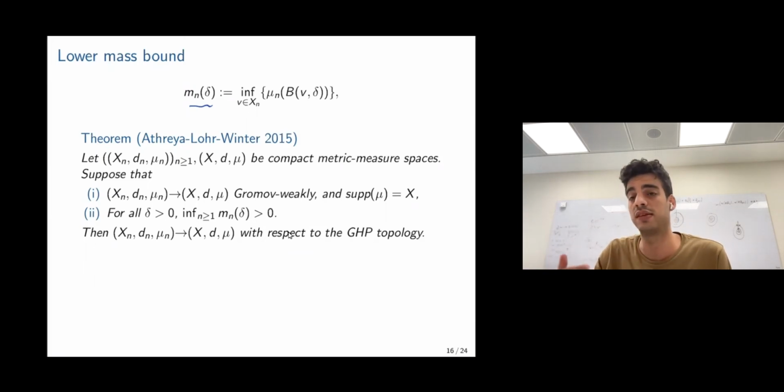So we're afraid that maybe there is something which will not be observed by the measure in the limit, because the measure on them vanishes in the limit, but you still see something which is of delta radius, meaning the metric is there, but the measure will not be there in the limit. But anyway, if this does not happen, meaning if condition 2 indeed holds, then we have this strengthening from Gromov-Weak to Gromov-Hausdorff-Prokhorov topology.